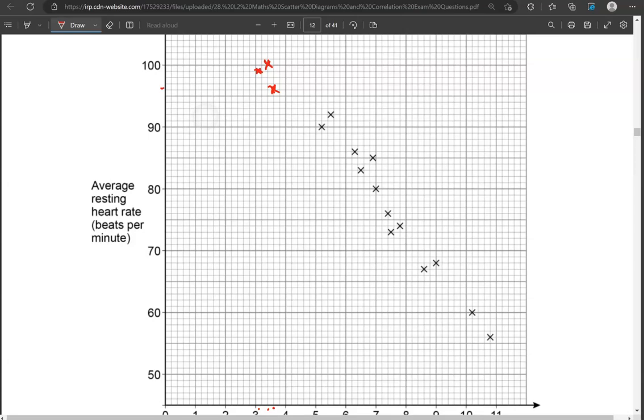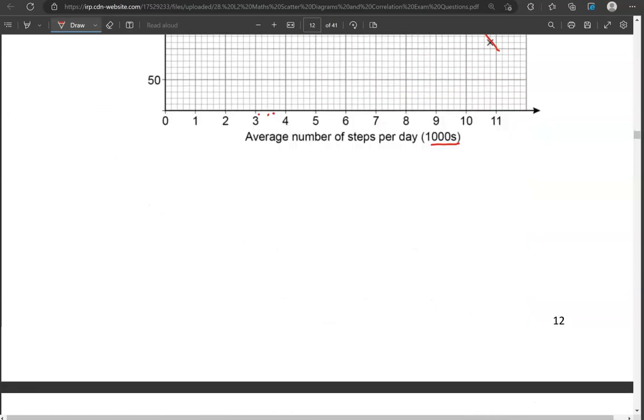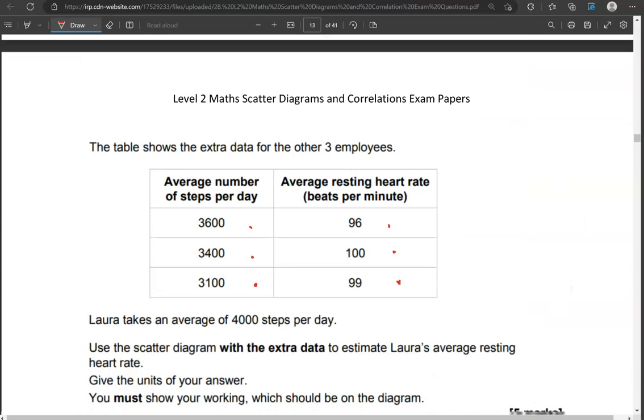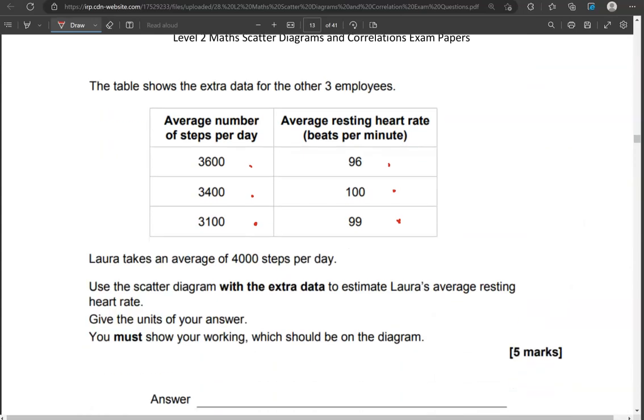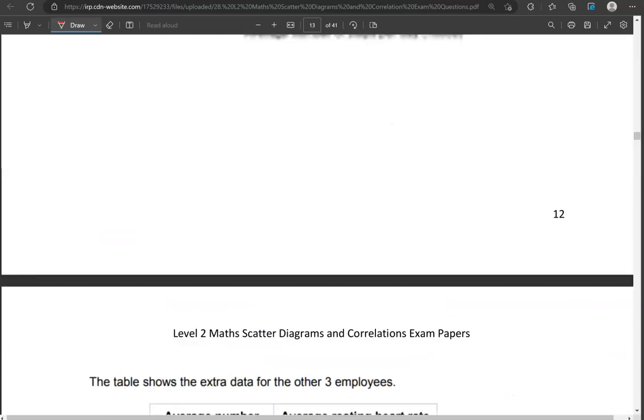Drawing the line of best fit now. So roughly through the points. And the question was asking to estimate Laura's average resting heart rate, and she takes on average 4,000 steps per day.